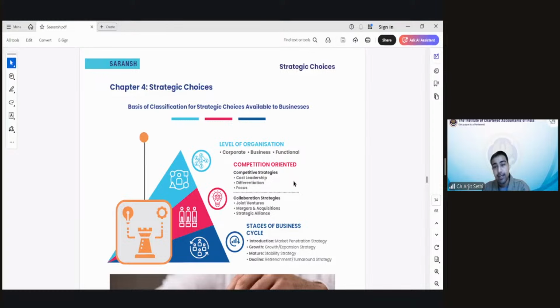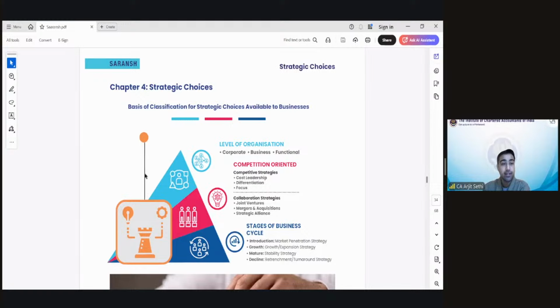What do you think is the difference between a joint venture and a strategic alliance? Tell me a very short answer. More from a strategic point of view.